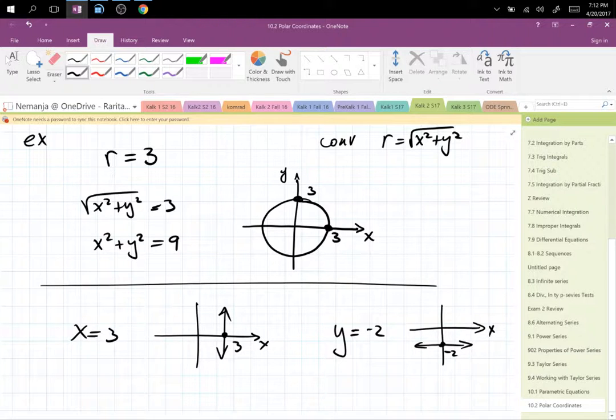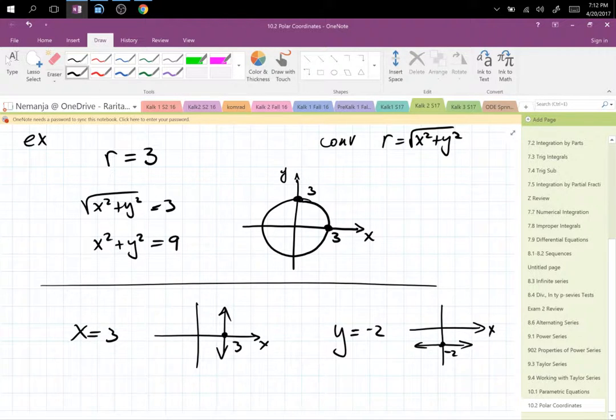So now, go back to r equals 3 and realize that in a circle, you are only making sure that r is 3 all the time, and you let theta go from negative infinity to positive infinity. It draws this circle, right? I know that it can trace the full circle just from 0 to 2 pi, but you can just leave it going forever.